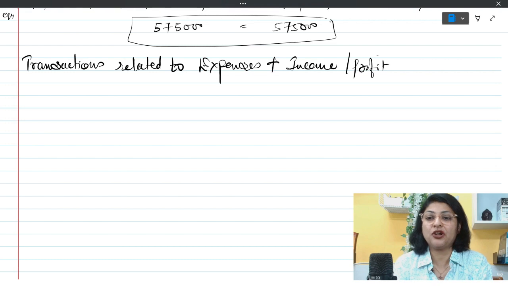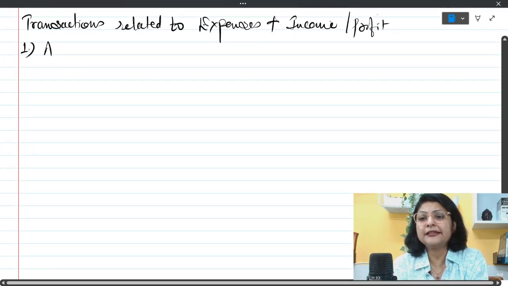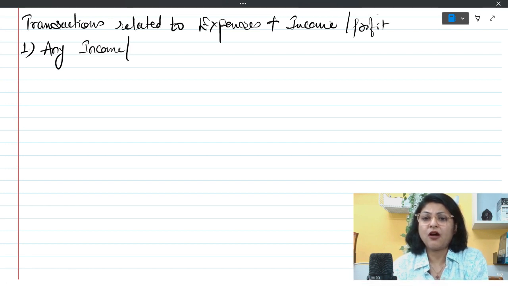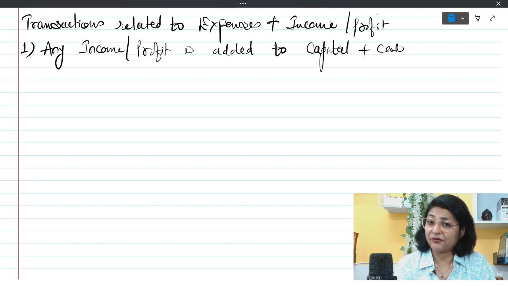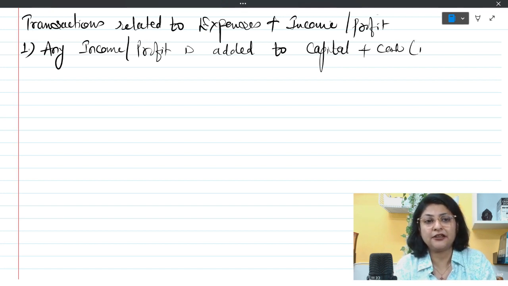So just make sure we'll write down these things, that any income or profit is added to capital and cash. Okay, provided it is received in cash. I'll write if received in cash.